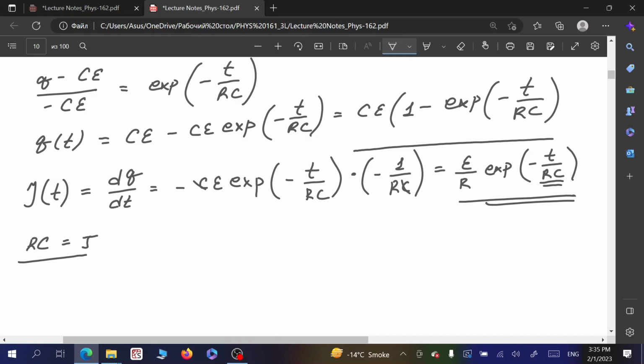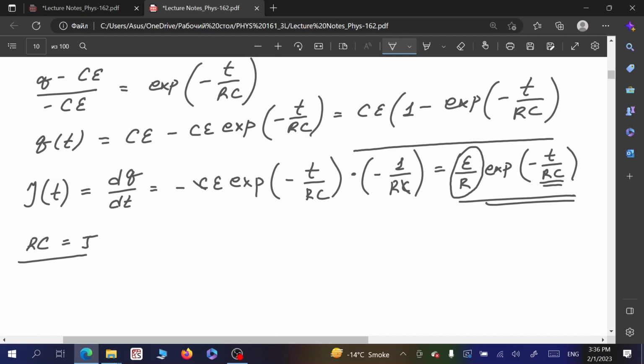Here you see that maximum current is limited by the load resistor. So it will take longer to charge or discharge a capacitor with given fixed capacitance. So that's why the product of these two gives us this characteristic time, which defines the response time of this system, capacitor and resistor.